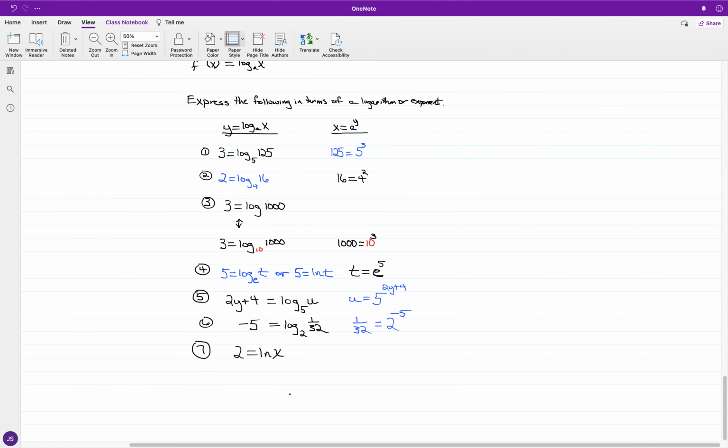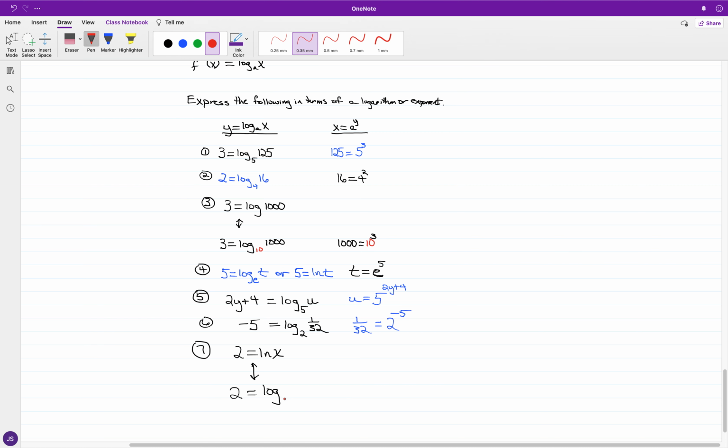If I had to specify the base explicitly, a natural logarithm is a base e logarithm. So 2 is equal to the natural logarithm of x means 2 is equal to the base e logarithm of x. For x is equal to a to the y, we have x as x, and for a to the y, your a is going to be e, and that is going to be to the second power.